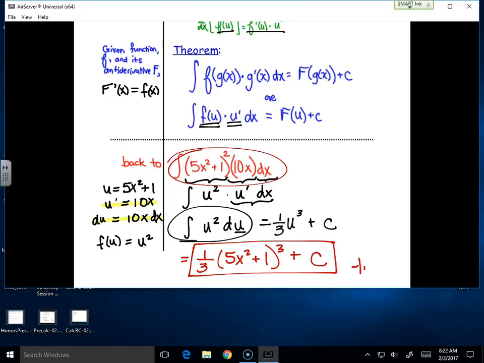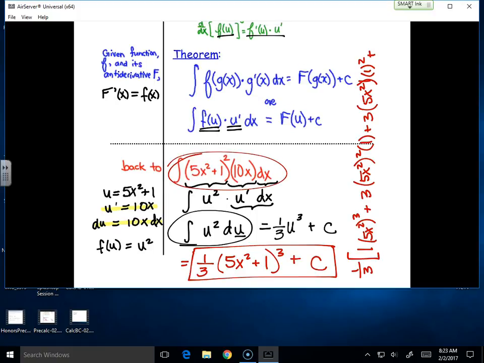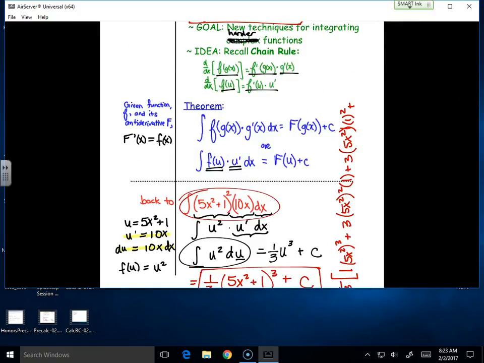So we can do 1/3 times 1 times 5x squared cubed plus 3 times 5x squared squared times 1 plus 3 times 5x squared to the first power times 1 squared plus 1 times 5x squared to the 0, oh, he's gone, times 1 cubed.